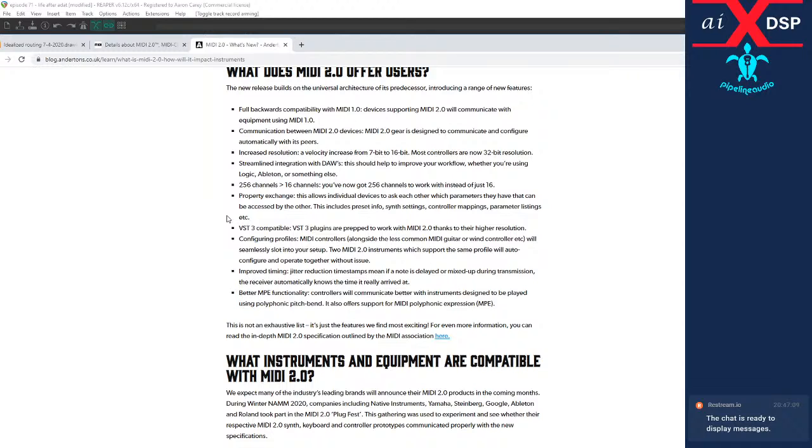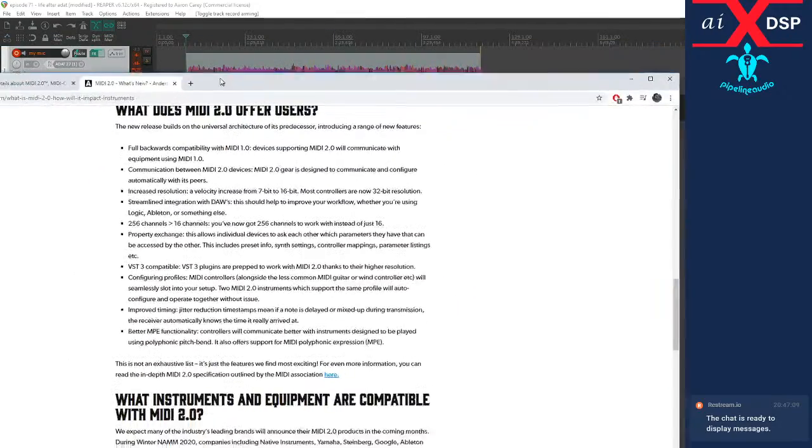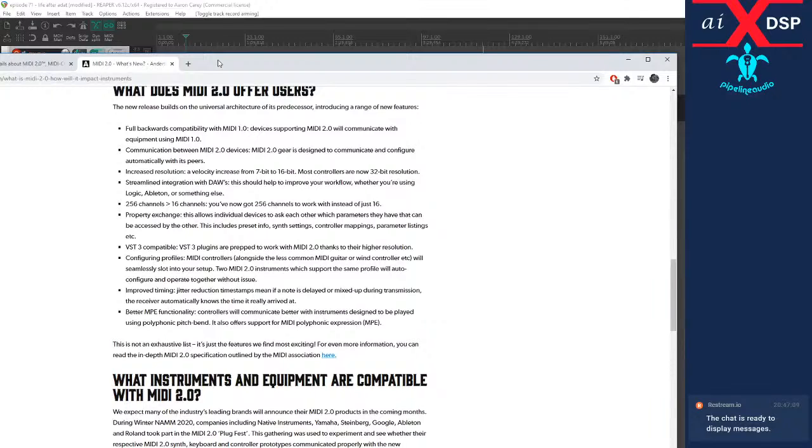VST3 compatible. VST3 plugins are prepped to work with MIDI 2.0 thanks to their higher resolution. Now, obviously, to anybody who's been following our AIX DSP development, or running MIDI and VST in general, you notice that even when we're forced to be on VST3 now, MIDI just doesn't seem to work.